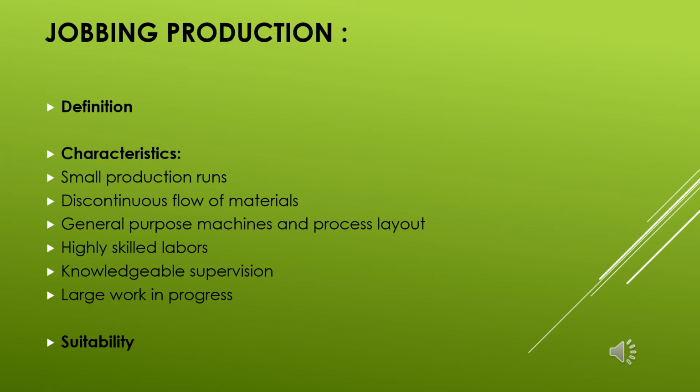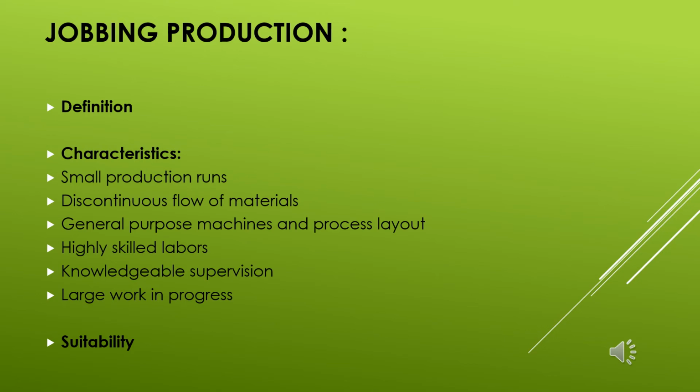A large inventory of material, parts and tools will be required, so there is a large work in progress. The machine and equipment settings generally have to be adjusted in job production and readjusted again to the manufacturing requirement. And most importantly, the movement of the material through this particular process is very intermittent.